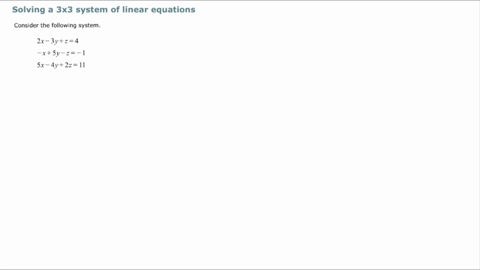The first thing I'm going to do is label all these equations, or label all these rows, by 1, 2, and 3. I am going to solve this using the style of elementary row operations, which will help you understand the tool of matrices later on.